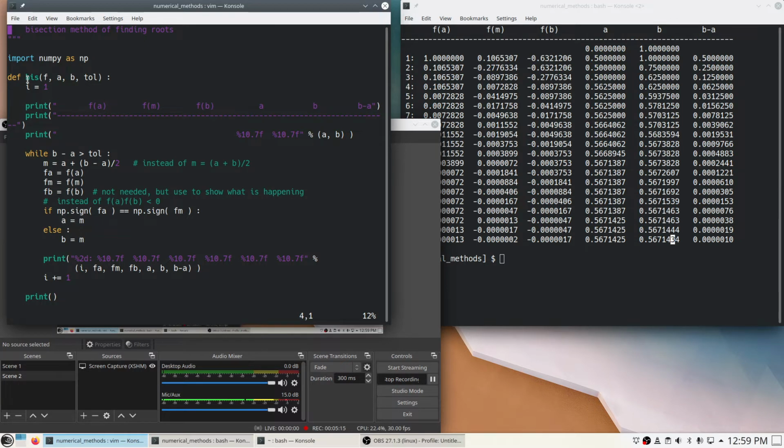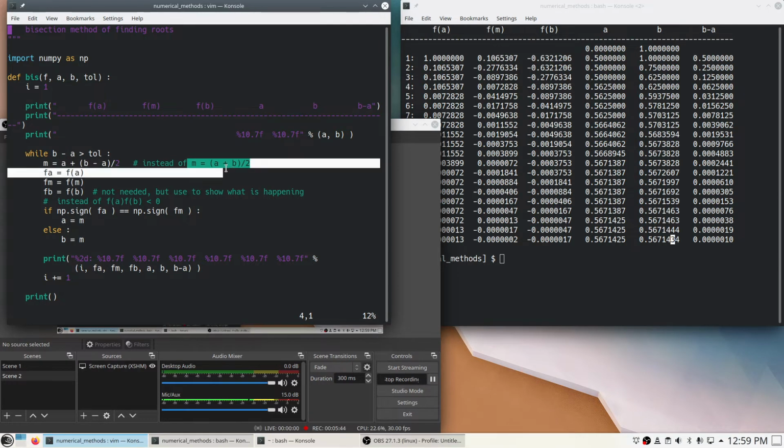I passed in the function for the problem to solve. I pass in the interval A and B and then what level of tolerance I want to use. And so what this does is says while the difference between B and A is greater than that level of tolerance, which is basically how many decimal places I want to go out to, I'm going to find the midpoint. Notice the way I found the midpoint is this way right here.